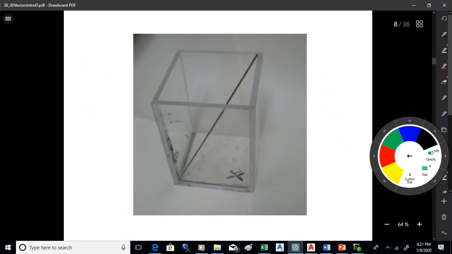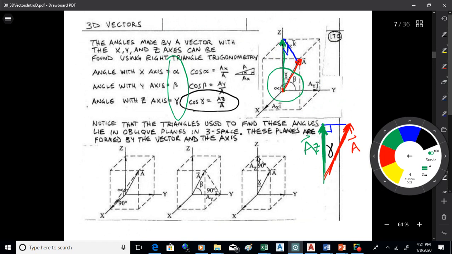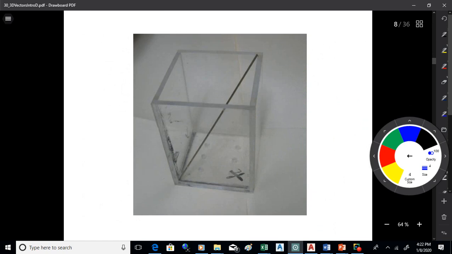All right. Now let's see what we can do with that, because we can get some practical information about these vectors from that fact. What we can do is take the vector A and take its components AX, AY, AZ, and divide each one of those by the total magnitude, which is A. And what we'll get are the cosines of the angles that the vector makes with the x, y, and z axes.